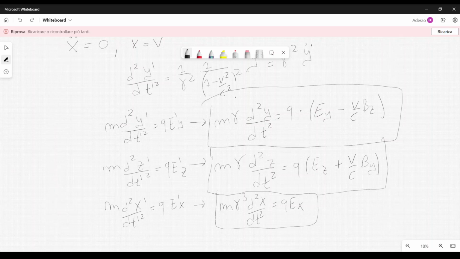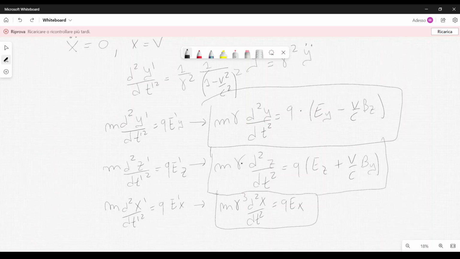But these equations are quite interesting because they show you that a charged body, such as an electron, is harder to set in motion with respect to an uncharged body because gamma is greater than 1. So we see in particular that the longitudinal mass is the greatest among these two masses, the longitudinal and the transverse.